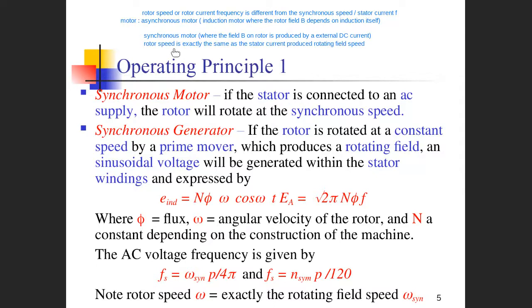So we can configure the synchronous motors so that the rotor speed is exactly the same as the stator current produced rotating field speed. Okay, that's the synchronous motor.